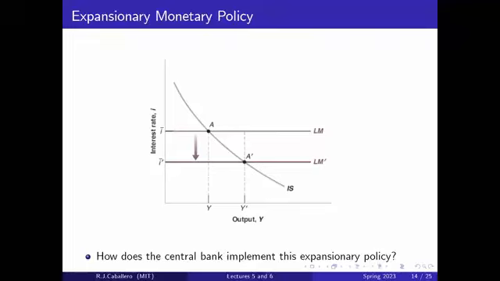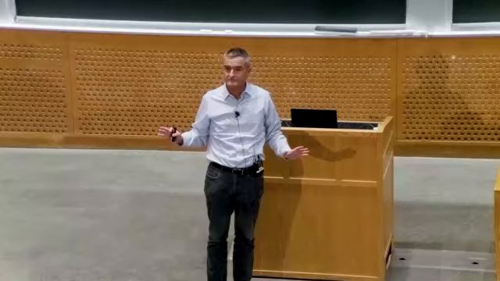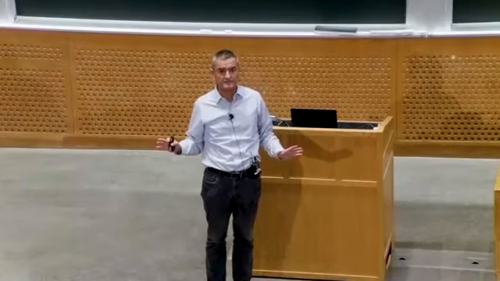As a result of that, if output didn't change, what would happen in the goods market? Suppose that the Fed cuts the interest rate and output doesn't change. Is that an equilibrium in the goods market?